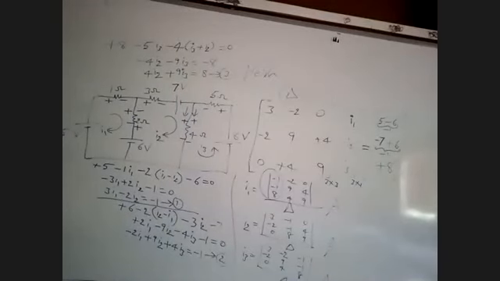Mesh means closed path, and loop is also called a closed path. In both, we apply Kirchhoff's voltage law. For solving the currents I1, I2, I3, we use two methods: Maxwell's loop equation method, and the matrix method, that is Cramer's method.